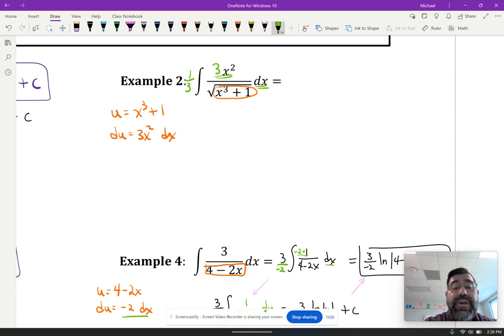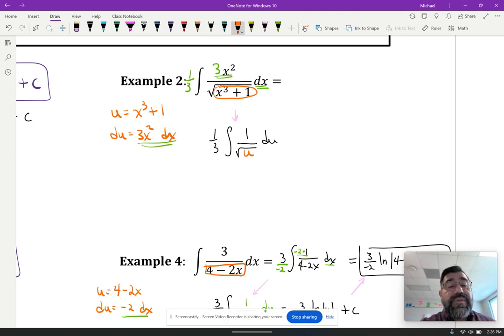Now here, I have what I need. So this is going to turn into 1/3 integral of 1 du over the square root of u. Notice u is just the inside, so don't just write 1 over u. It's 1 over the square root of the inside, which is the square root of u.